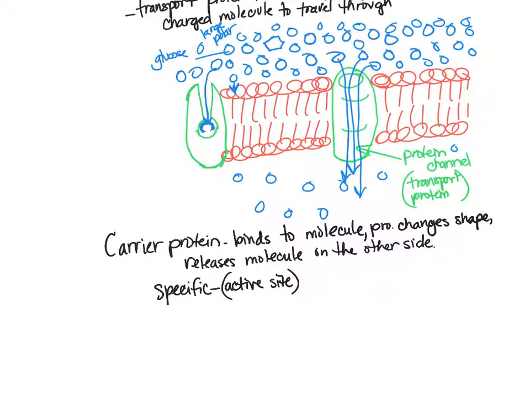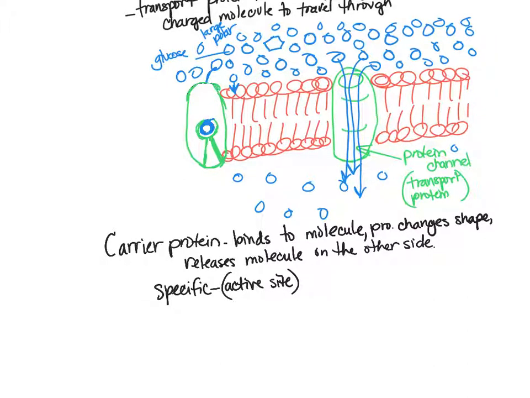So this is our active site, our receptor site. The glucose molecule is going to go in here. The side that is toward the intestine, as our example, or the outside of the cell, is open at the moment. Then once the glucose sits in there, this top part is going to close off, and then the bottom part is going to open and allow the glucose to come out.